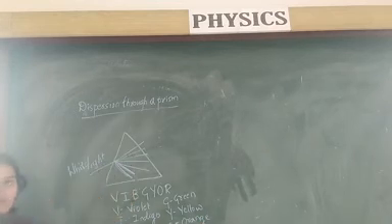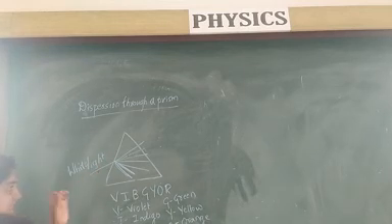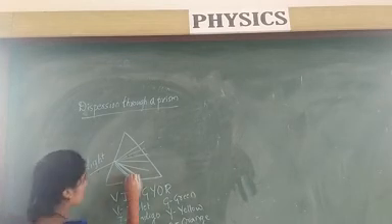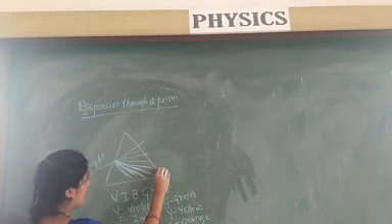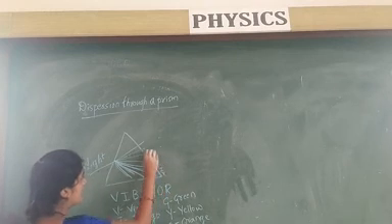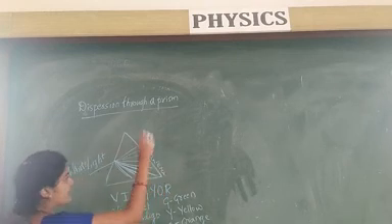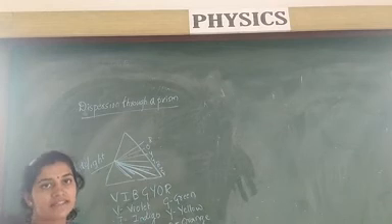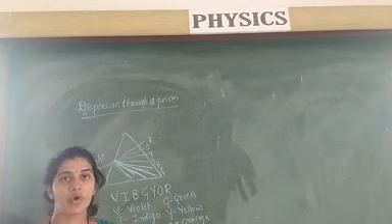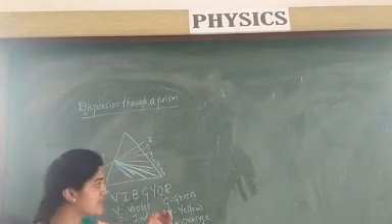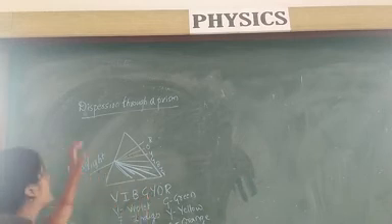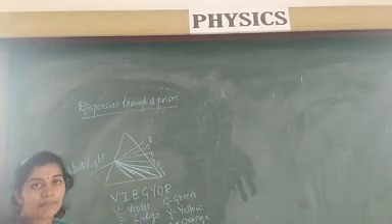When a ray of white light is made to fall on the prism, there will be a split into the 7 colors: V, I, B, G, Y, O, R. These 7 colors we are calling the spectrum. And this is the explanation for the dispersion through a prism.